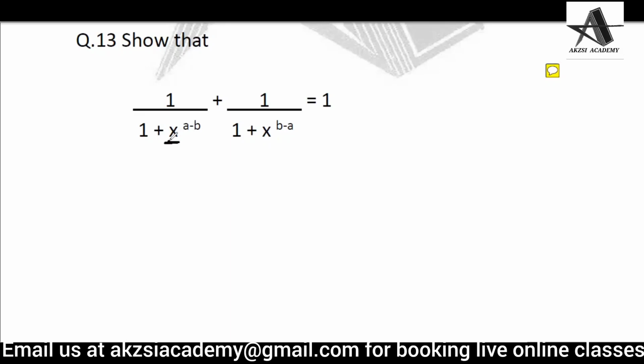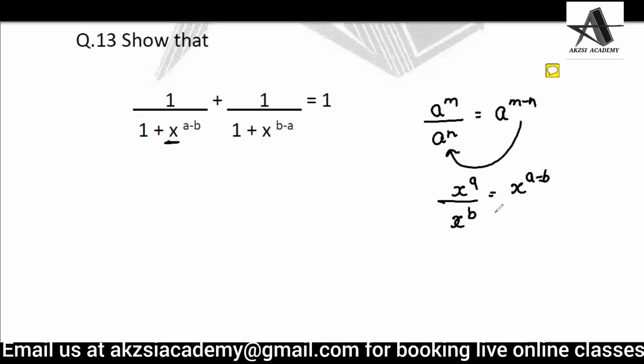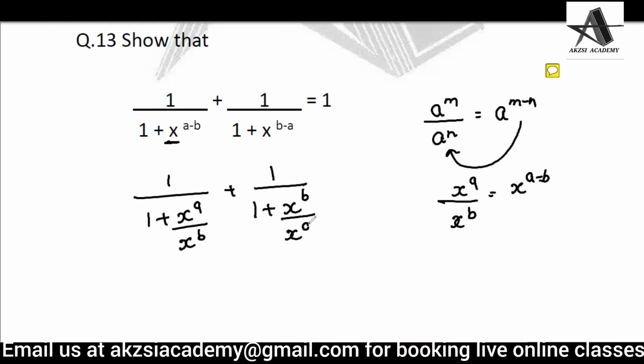So we are sure that this whole expression is going to be 1 at the end. Using the exponent second rule, a to the power of m over a to the power of n, we subtract the powers. So if we go in reverse, x to the power of a minus b is x to the power of a over x to the power of b. So we replace it with that. 1 plus x to the power of a over x to the power of b, plus 1 by 1 plus x to the power of b over x to the power of a.